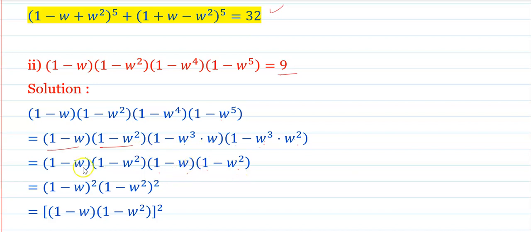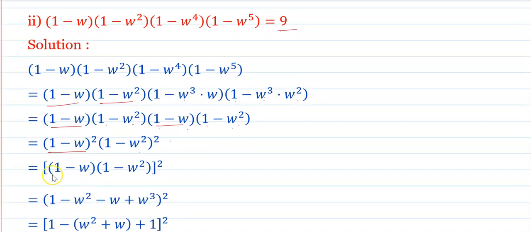Okay, then what do we get here? 1 minus omega, 1 minus omega, it means that 1 minus omega bracket square. 1 minus omega square into 1 minus omega square means what? 1 minus omega square, it's a bracket square. Then both in a bracket square, therefore we can compact in a single bracket. That is, in square bracket 1 minus omega into 1 minus omega square, complete bracket is to 2.